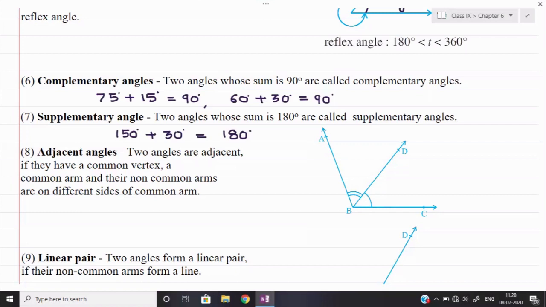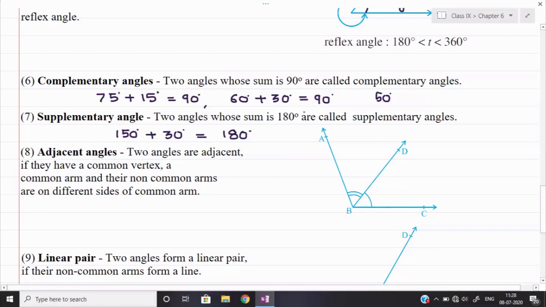One more thing, remember, if I have one angle and I have to find its complementary angle, it means what should I add to the given angle to get the sum 90 degrees. So for example, if someone asks you, I have one angle 50 degrees, tell me its complementary angle.